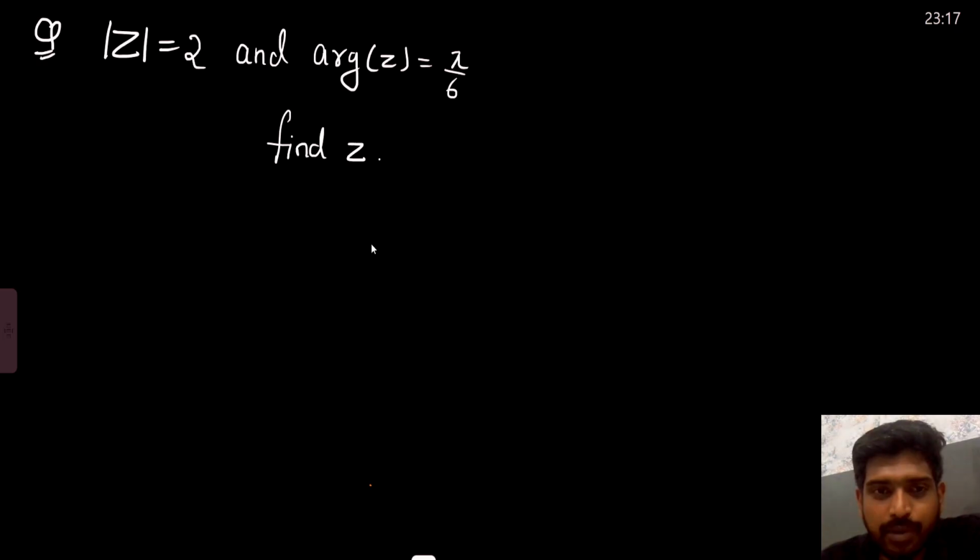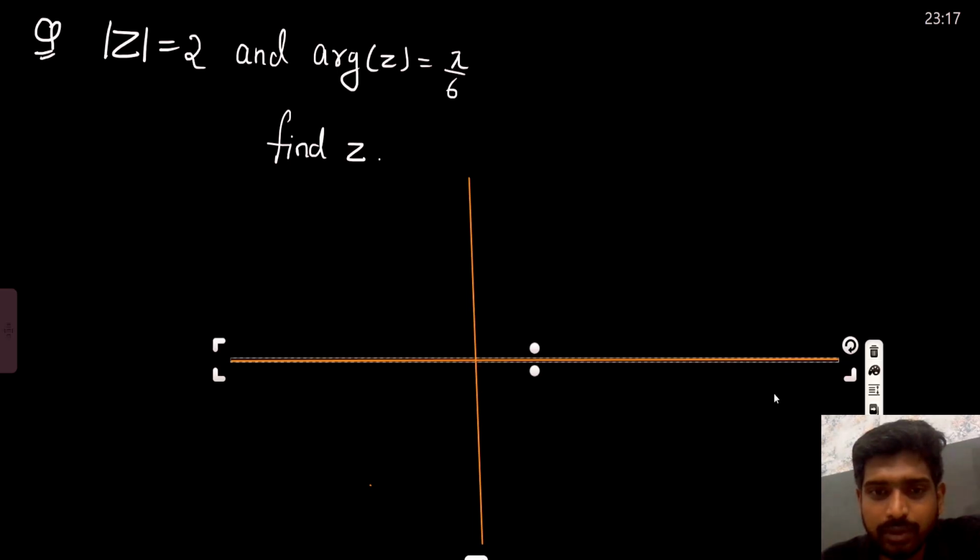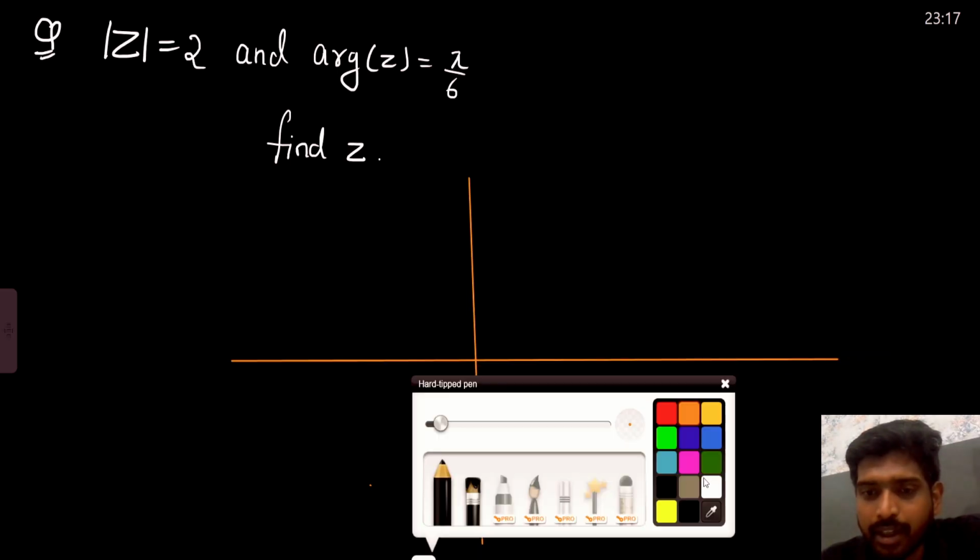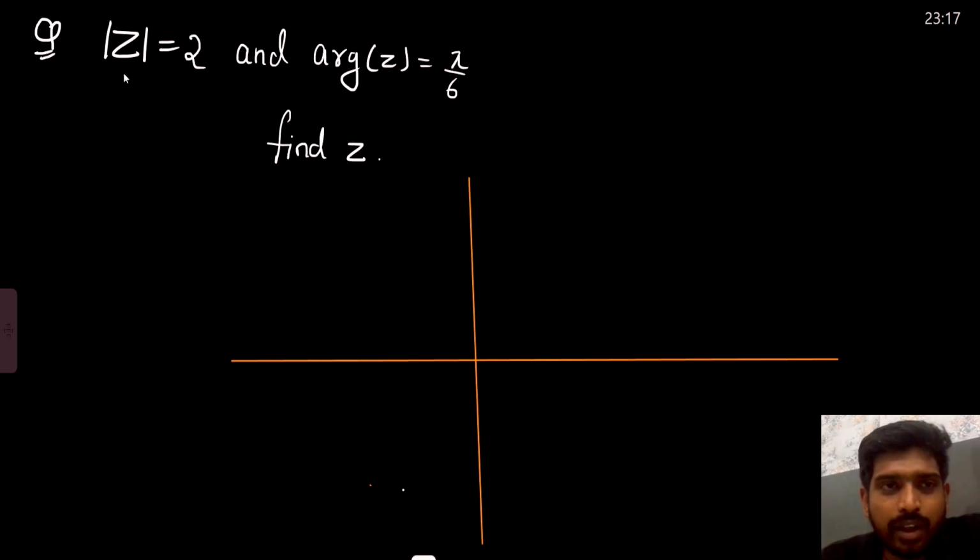Modulus of z equal to 2 will represent a circle, which represents infinite complex numbers, one locus. The argument also represents one locus. But here both are given, that means we have to take the intersection point of the loci.